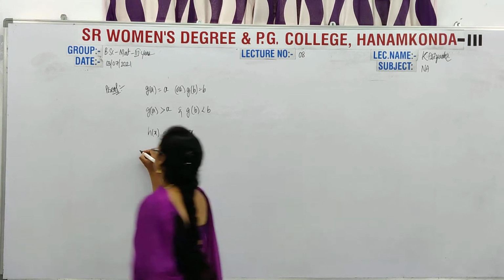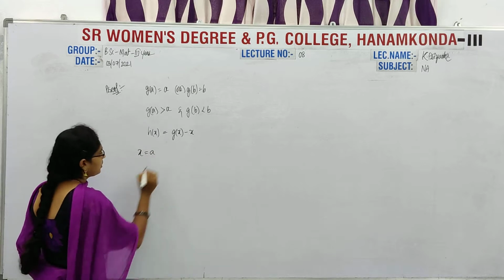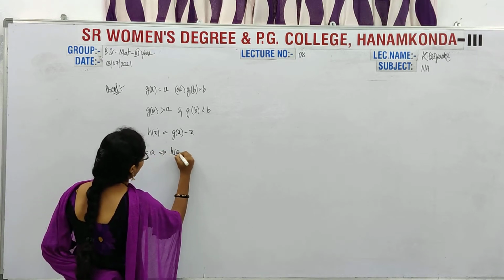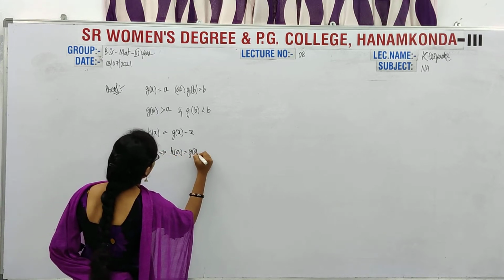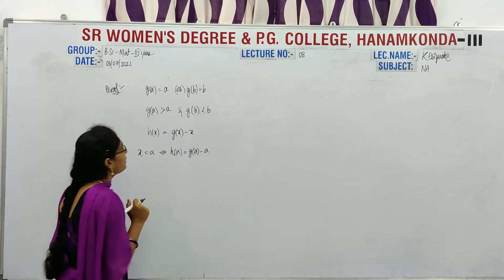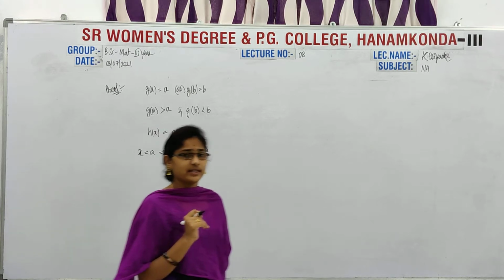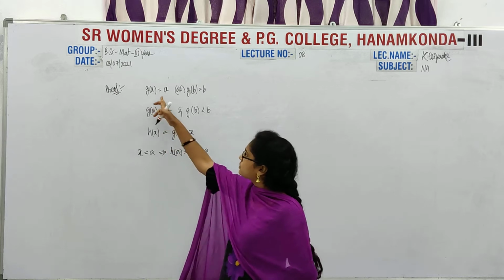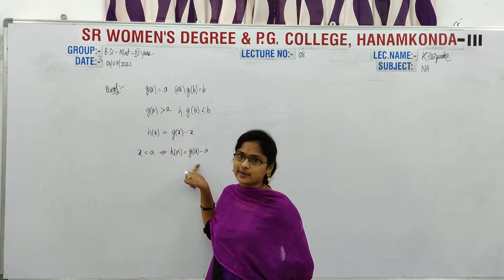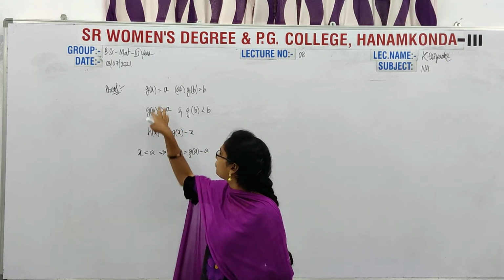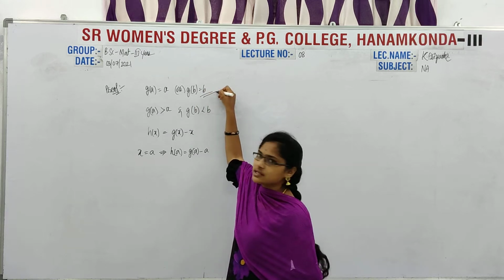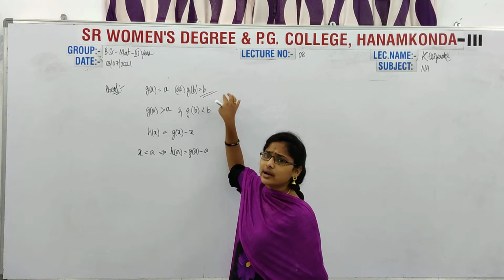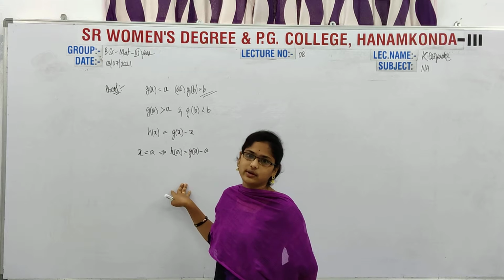See here, I am taking x is equal to a. Then what we get here, h of a is equal to g of a minus a. Already we know that if g of a is equal to a, then it is nothing but 0. If it is not happening, then how do we have to consider it?